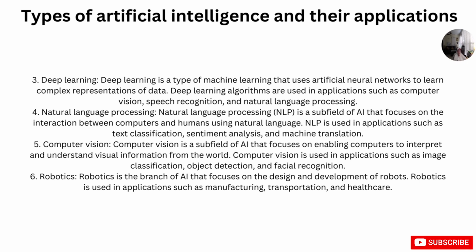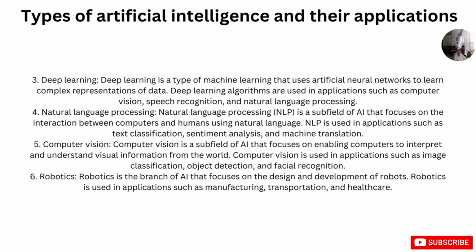Number four, natural language processing. Natural language processing is a subfield of AI that focuses on the interaction between computers and humans using natural language. NLP is used in applications such as text classification, sentiment analysis, and machine translation. Number five, computer vision.